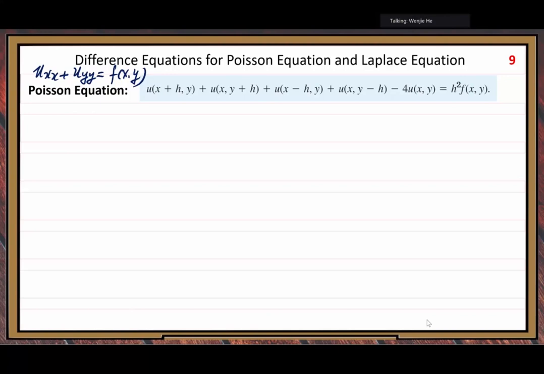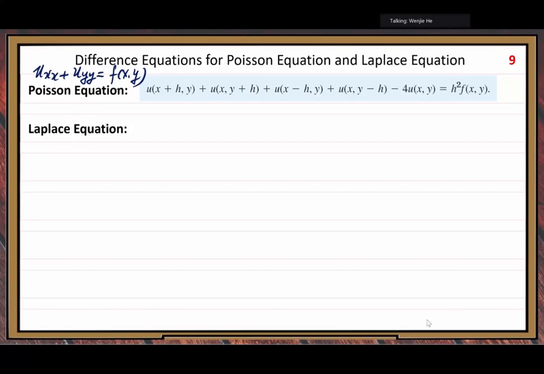After that, you can see we do not need to work on any partial derivatives. We only work on the function values. So easy.